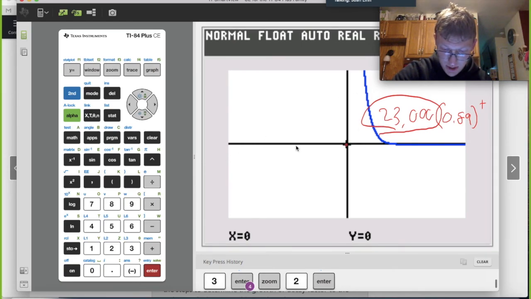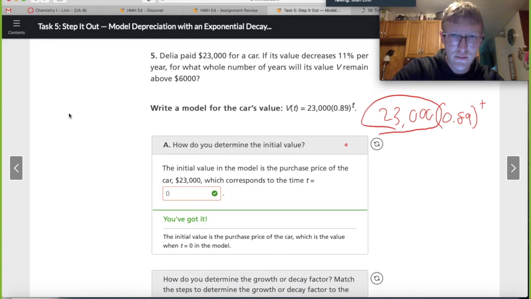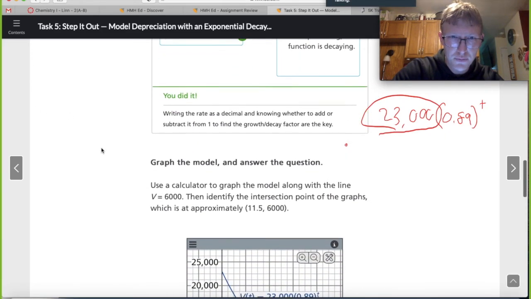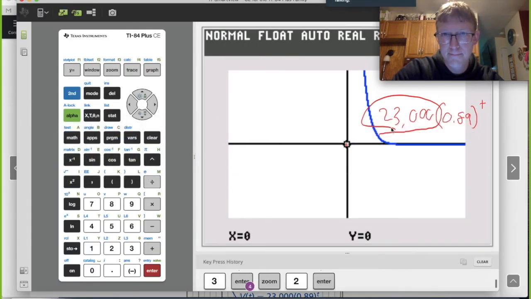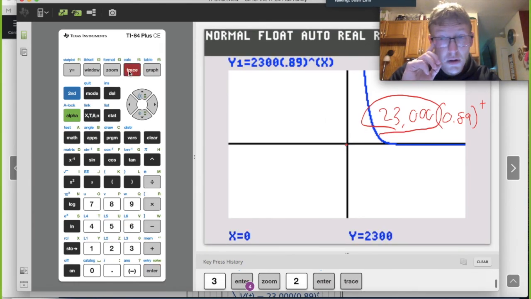And we need to know, I forgot, when the value is less than 6,000, right? So when v equals 6, so if we look at our graph, I mean, we can kind of use the trace function.